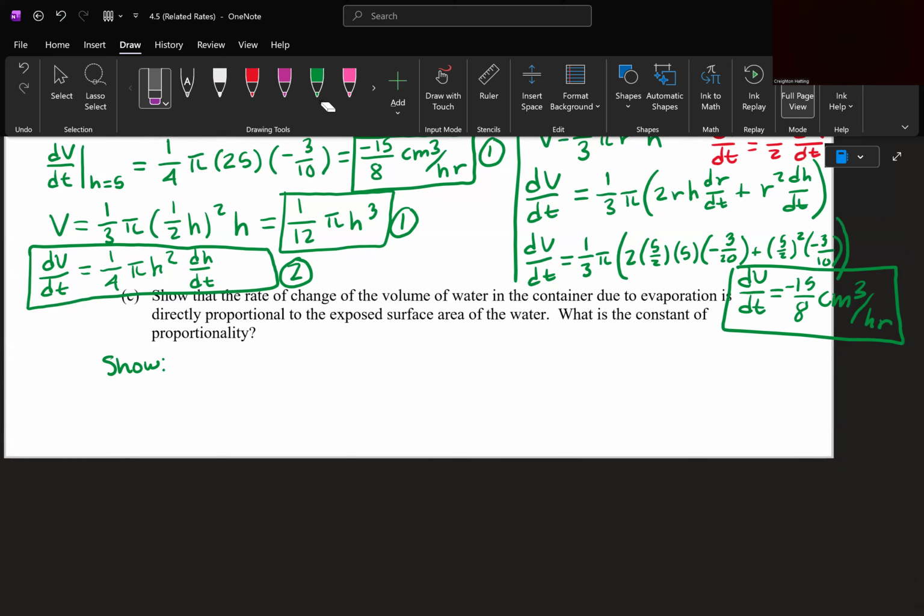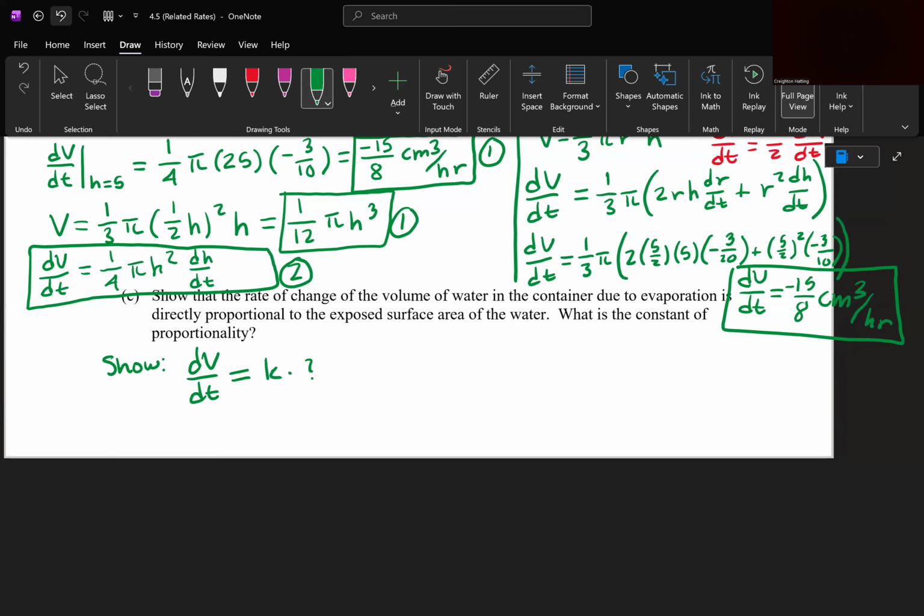We want to show that the rate of change of the volume of water with respect to time due to evaporation is directly proportional to the exposed surface area of the water. When we think back to our Algebra 1 or Algebra 2 days to the idea of being directly proportional, we want to think about how k is going to be multiplying some quantity that is directly proportional.